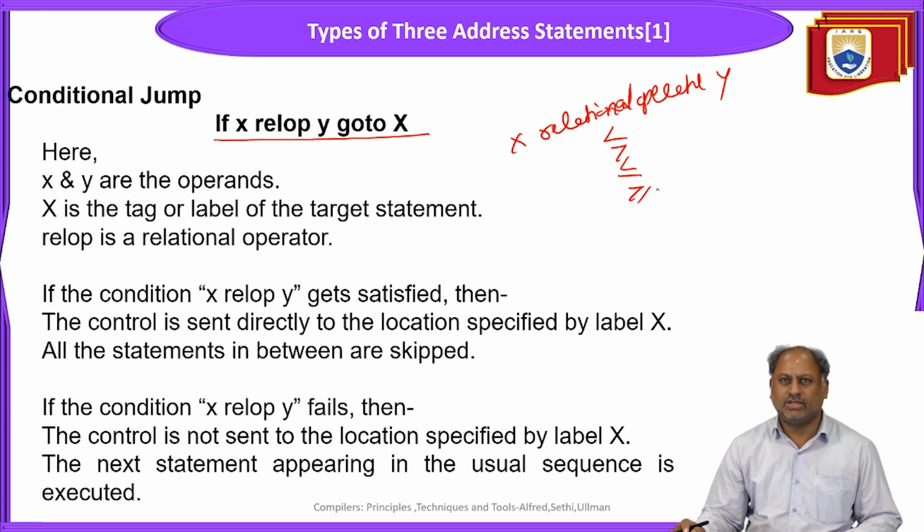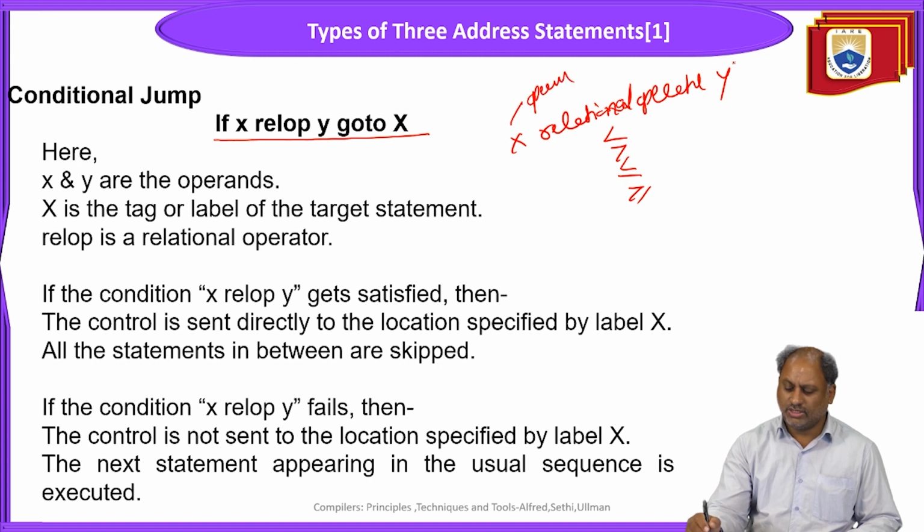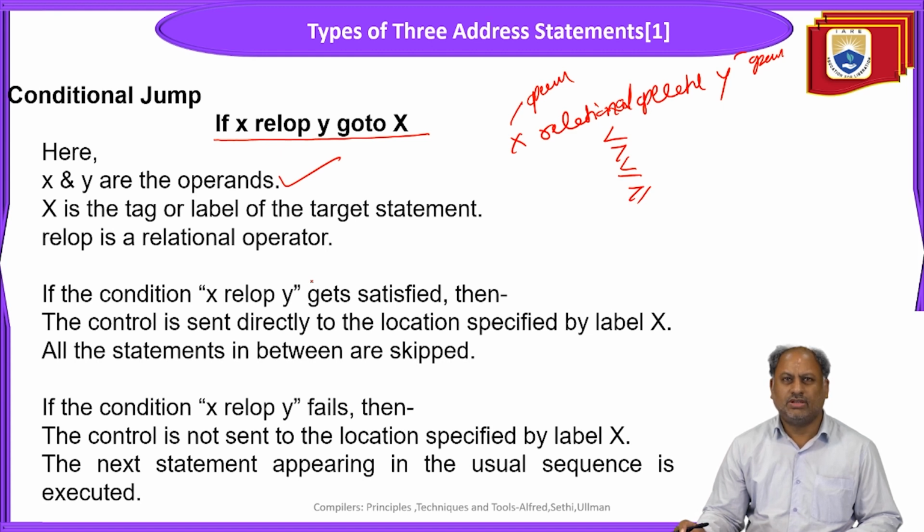Some relational operator is used between any two operands. Here x is one operand and y is the other operand. So these two operands are combined with a relational operator, and that is treated as one statement.